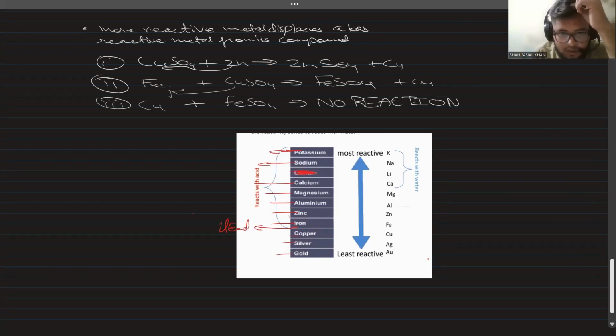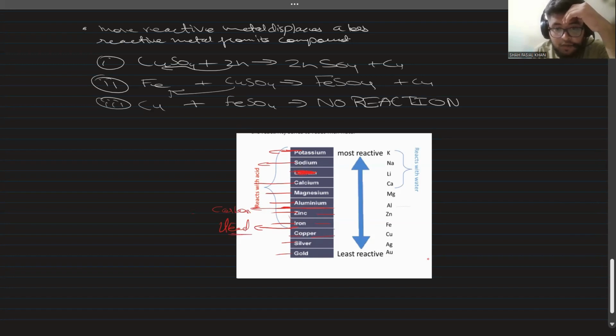And over here, even though it's not a metal, in our syllabus in the reactivity series, here comes carbon. As in the previous part, we have learned that carbon is used for extracting zinc, iron, and lead, not copper.